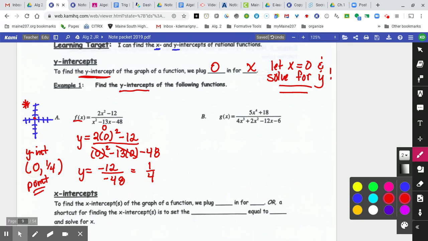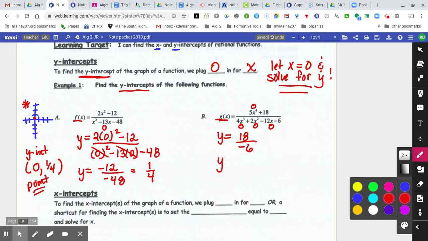All right, moving on to the next one. You'll find out that the more of these you do, the faster you can do it. Remember, g of x is the name of the function, so we can let that be y equals. Then if we substitute 0 for every x that we see, I'll have a 0 plus 18, or an 18 in the numerator, and a 0 plus a 0 minus a 0 minus a 6, or a negative 6 in the denominator.